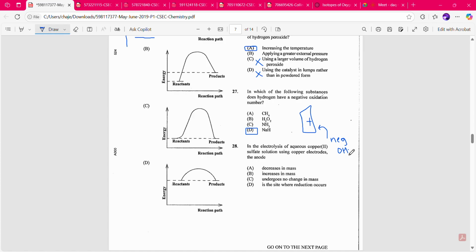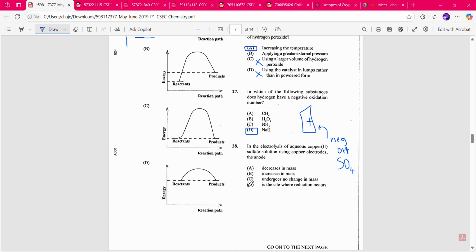Yes, that answer looks like C. It does look like C because it's the cation that we expect to change mass. The cation is the one that would decrease its mass as it's losing copper. But the anode, in this case, you're just going to see oxygen bubbles coming off because you have hydroxide being displaced along with sulfate.